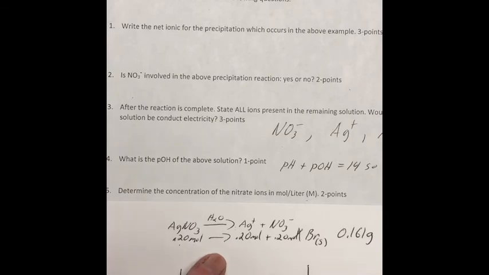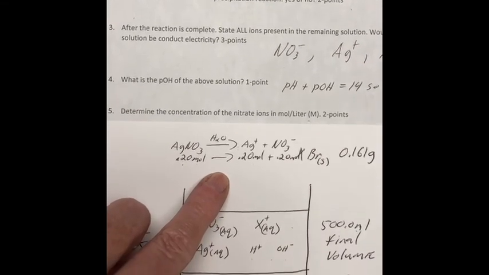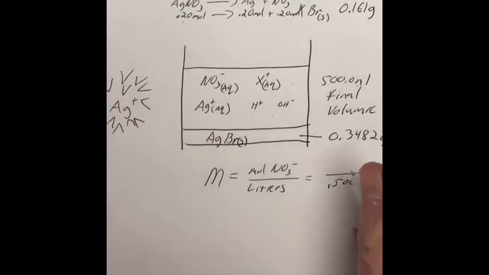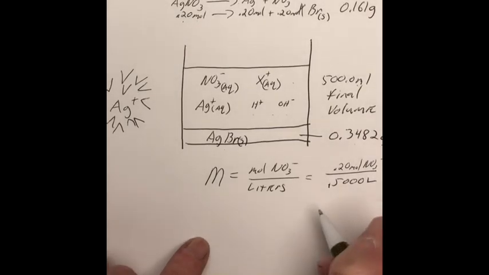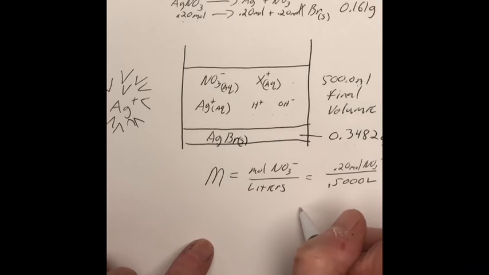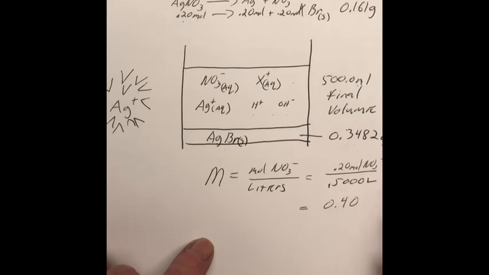That's important. But as it stands, we simply plug in 0.20 moles. This is not meant to be too complex, but you just got to get it down. And then we can do the math, and we'll end up with 0.40 moles per liter, which equals big M.